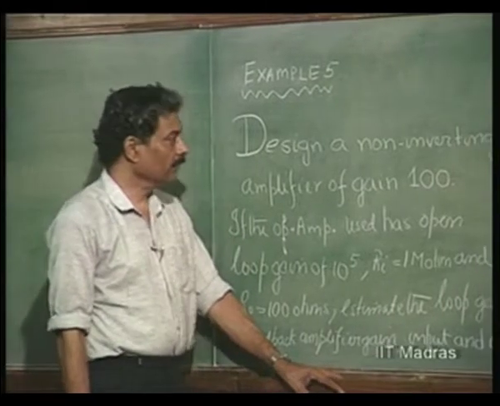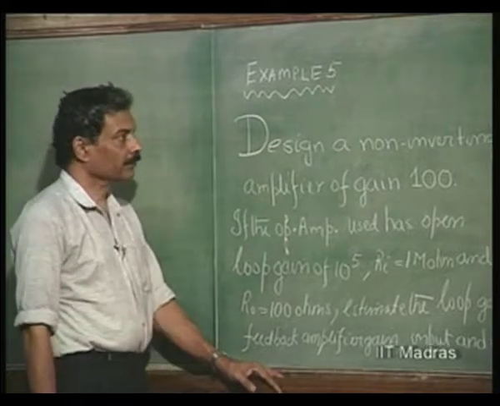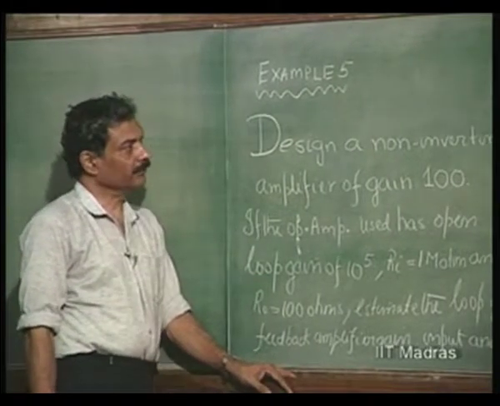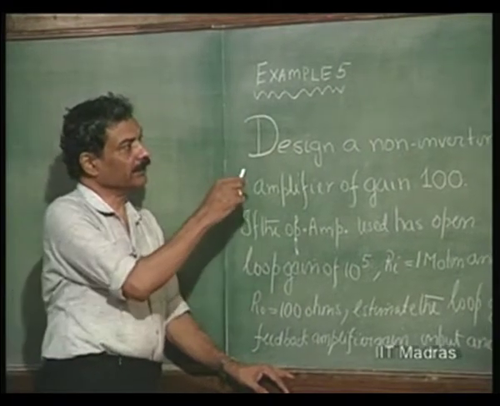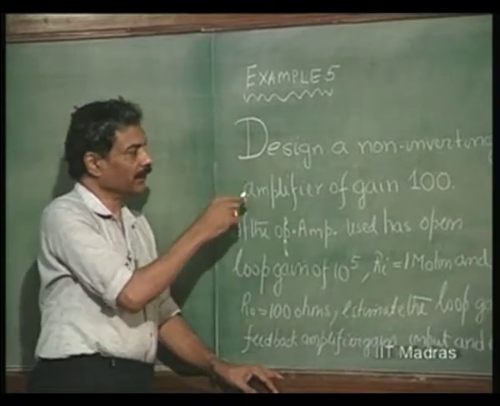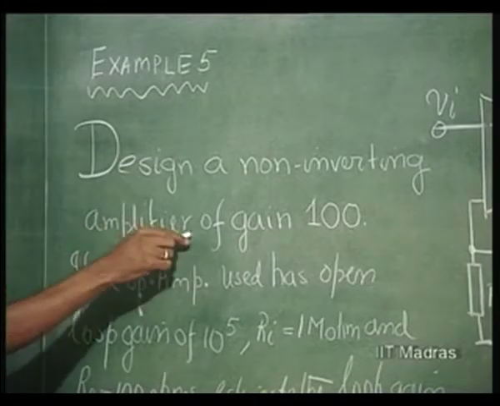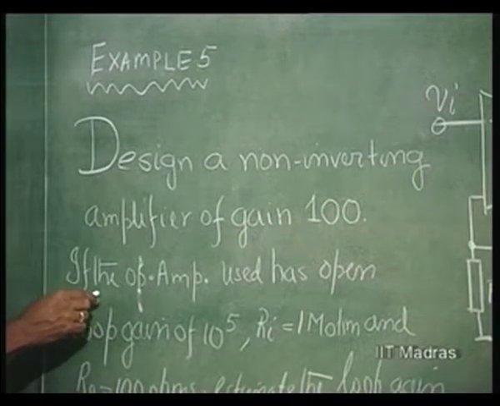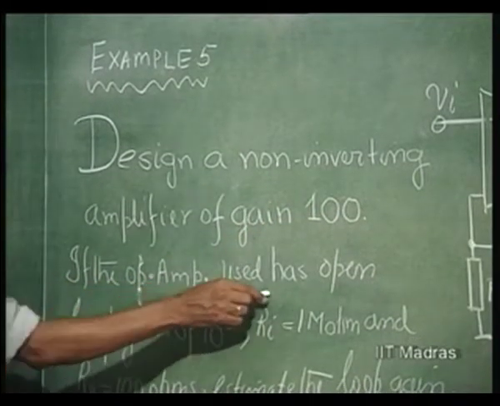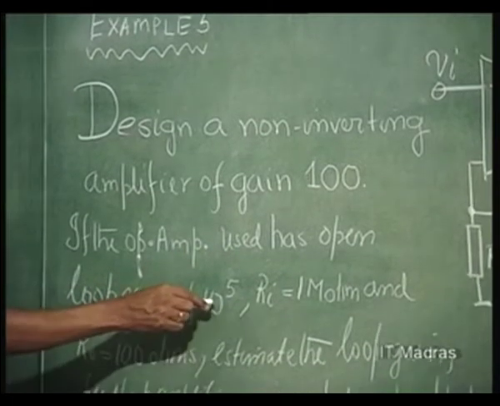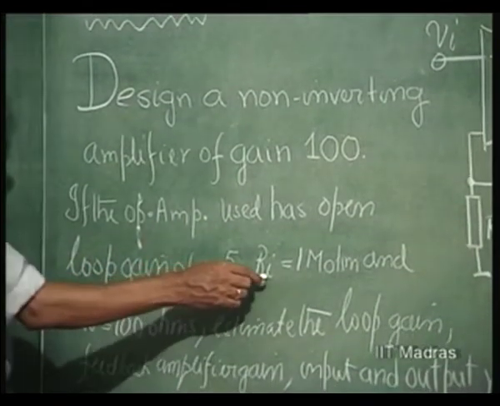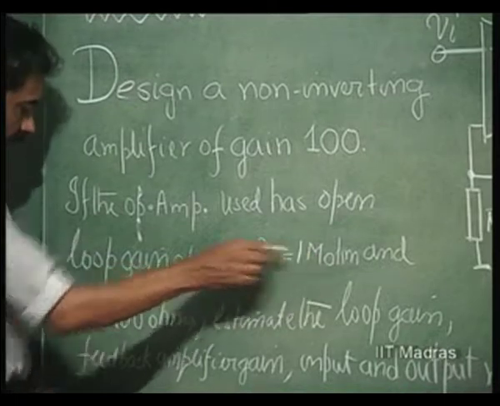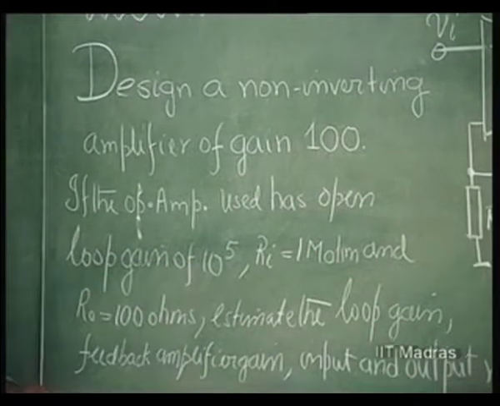Let us consider example 5, which is: design a non-inverting amplifier of gain 100, if the op amp used has open loop gain of 10 to the power 5, Ri of 1 mega ohm and R naught of 100 ohm.